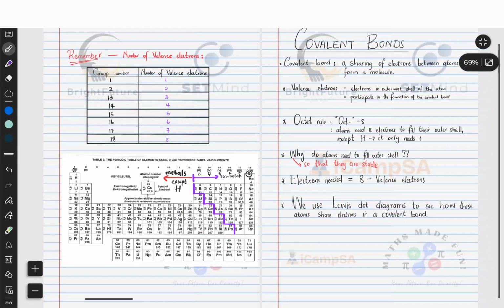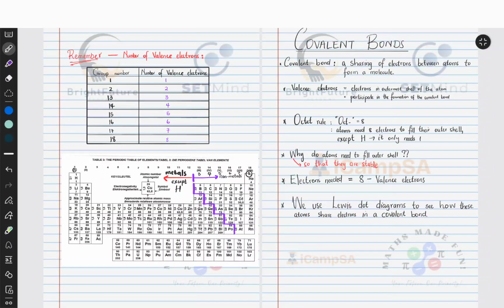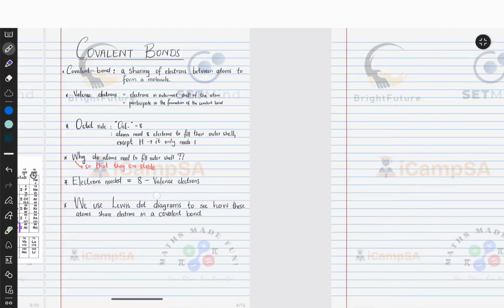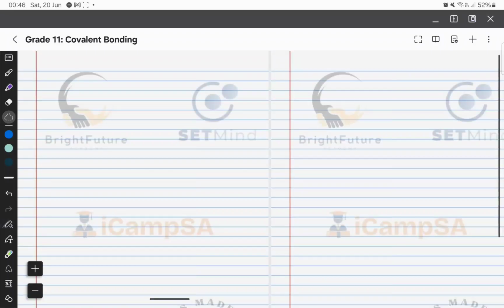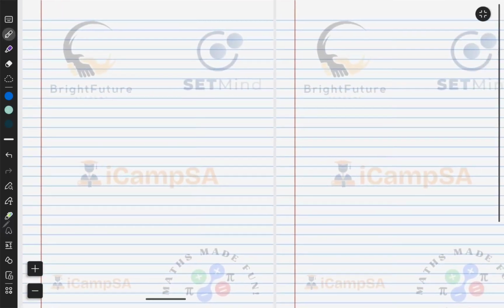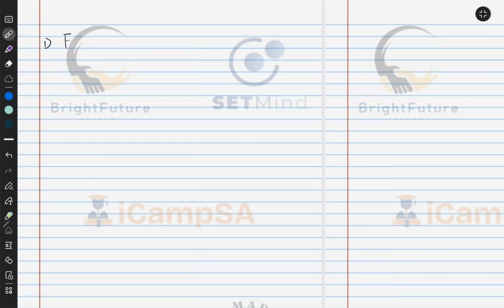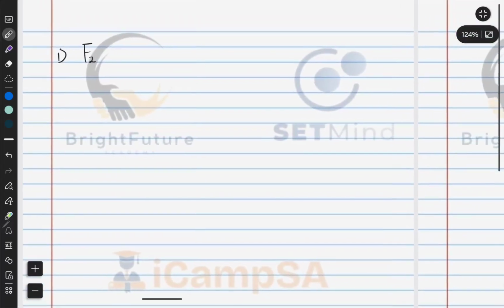So let's check how we use Lewis dot diagrams to visualize how these atoms bond, or how they form a covalent bond. Let's start with, for instance, F2, which is fluorine, the fluorine gas.